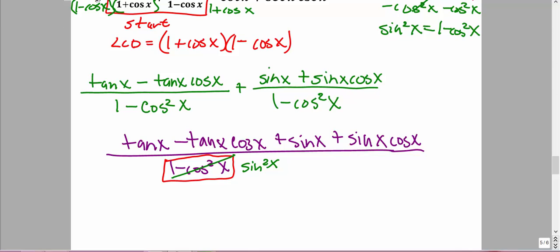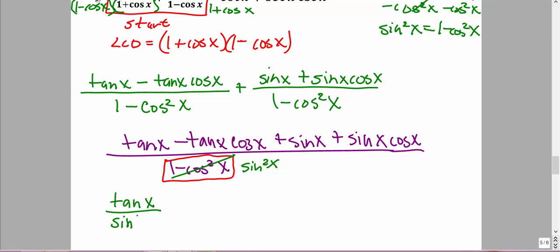Now we have 4 terms all on top of the same denominator there. And let's start to think about maybe separating this now into separate terms, separate fractions. Let's give each denominator back to its term.